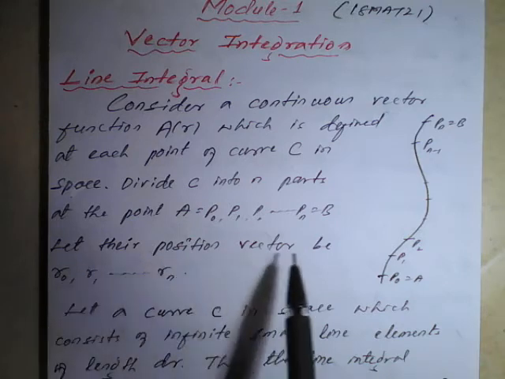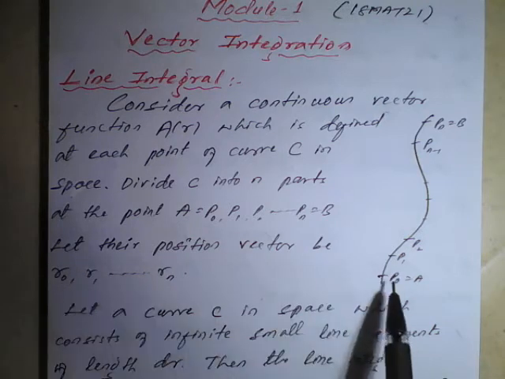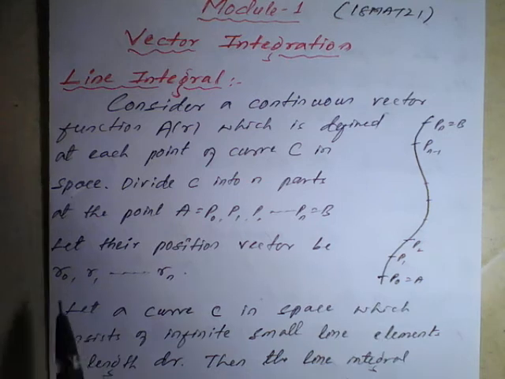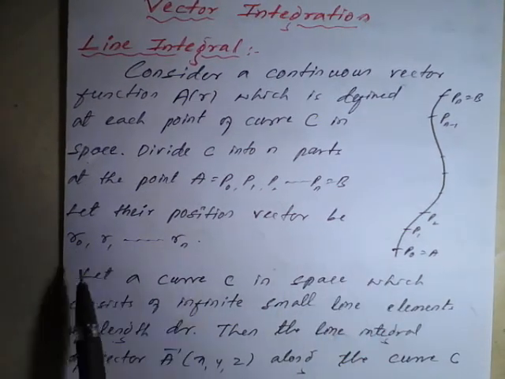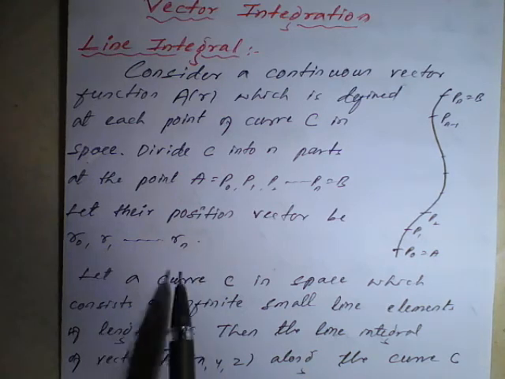Let their position vectors be, means for each point we have one position. So for the first point P0 we have the position r0, for second point P1 we have r1, and so on, rn.